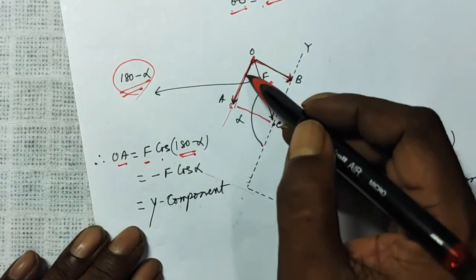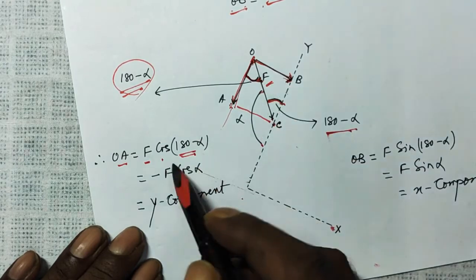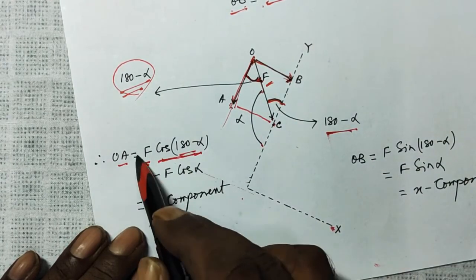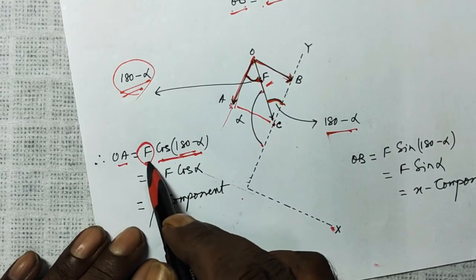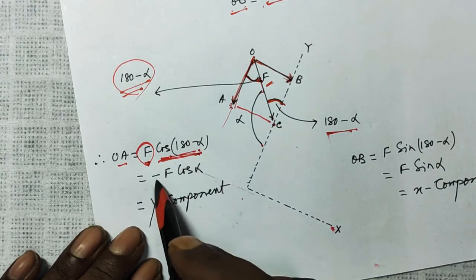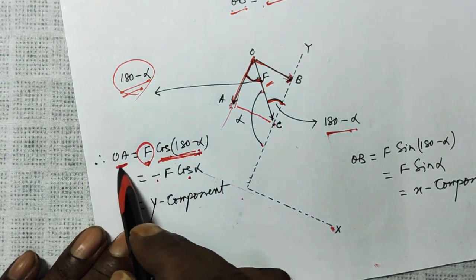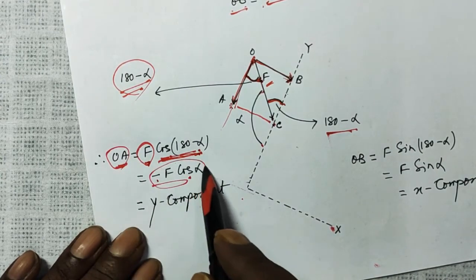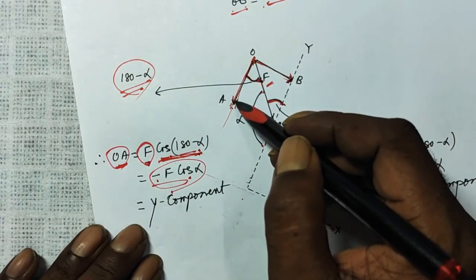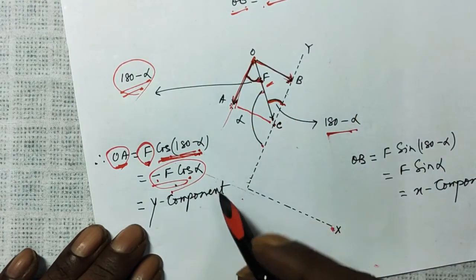Means the side adjacent to the angle will always come in terms of cos function. The force, the hypotenuse, times cos of that angle, and cos of 180 minus alpha is minus cos alpha. So this component OA is minus F cos alpha.